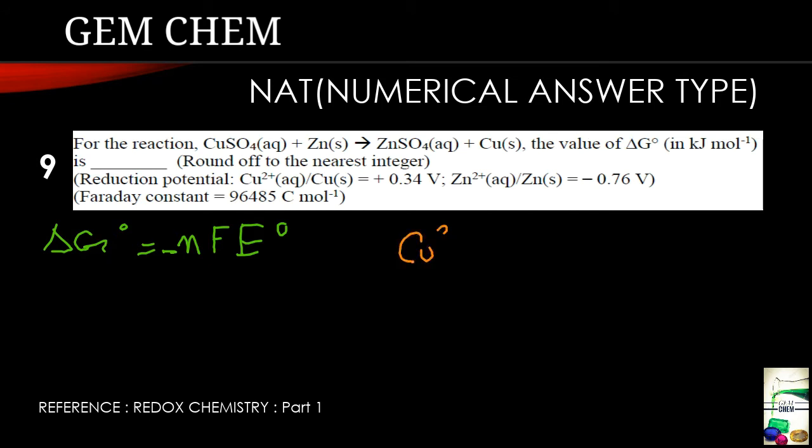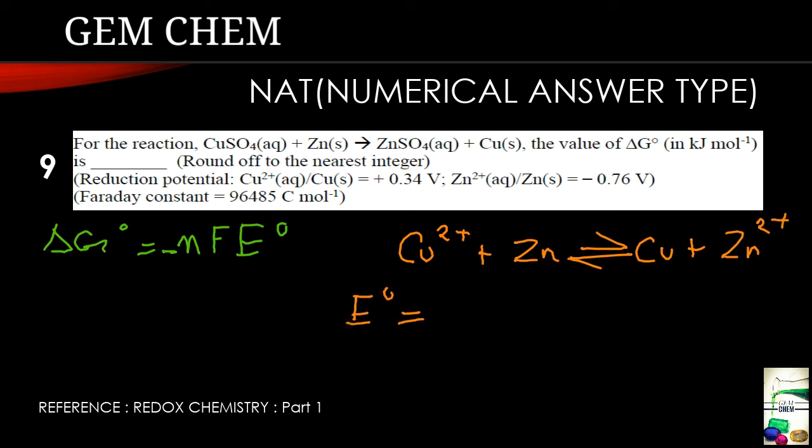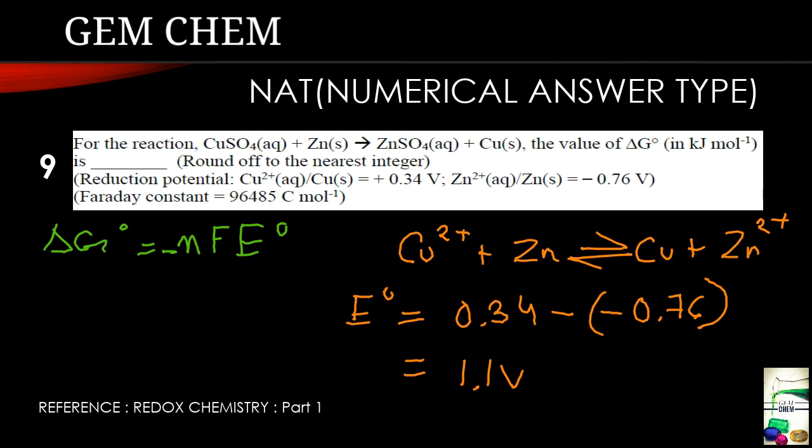Now we know copper 2 plus here in this reaction reacts with zinc to form copper plus Zn2 plus, right. So E0 value for this one will be 0.34 minus 0.76. Okay, and the value will come to be as 1.1 volt. So we just substitute here the value minus n.